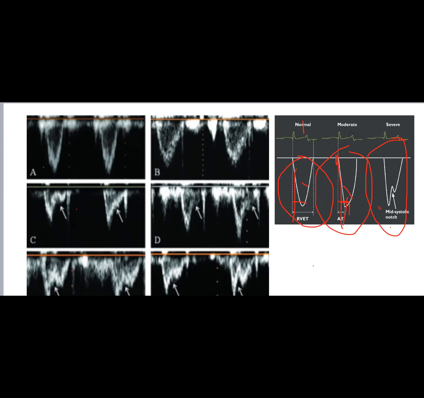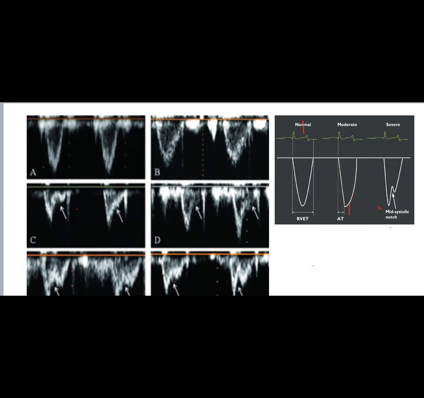The other thing, if I demonstrate a mid-systolic notch in this signal, again, I'm dealing with severe pulmonary hypertension. So the pulmonary arterial Doppler is also useful in the assessment or analysis of pulmonary hypertension. Good?